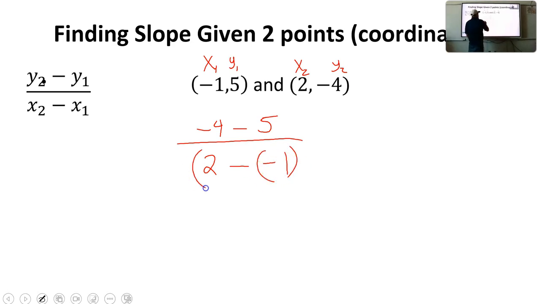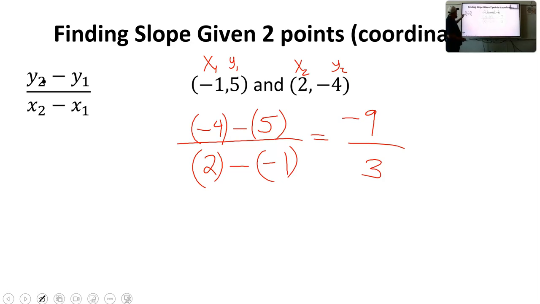Now, sometimes to help myself, I put parentheses around all the stuff that I plug in, because it helps me realize what numbers I'm subtracting. So here, negative 4 minus 5 is a negative 9. Down here, 2 minus negative 1. Remember, when you minus a negative, it's like adding. So this essentially turns into a plus. 2 minus negative 1 is 3.